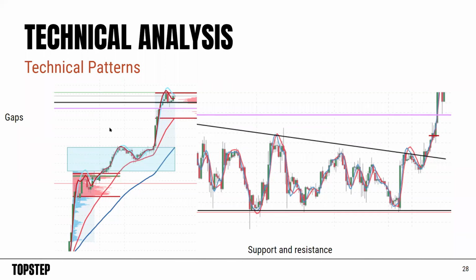Again, does this always, in air quotes, work? No, nothing does. Nothing works every time, and there's nothing that never works. Just knowing that you're opening with a gap, the market is trading outside of the previous day's range, and it's opening in a relative time frame out of balance.